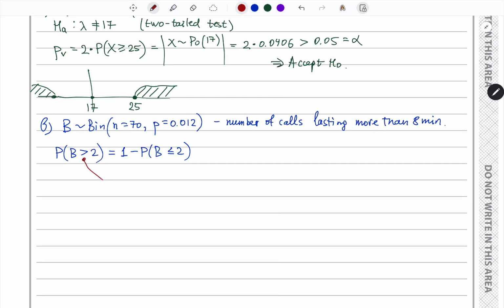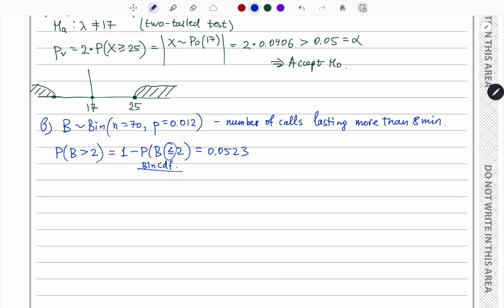Pay attention to this. It was a strict inequality over there, but when you use the complement principle, it becomes less than or equal to. Only this type of probability can be found in my calculator, I use Casio. The result is 0.0523. You go to the calculator and choose Binomial CDF.